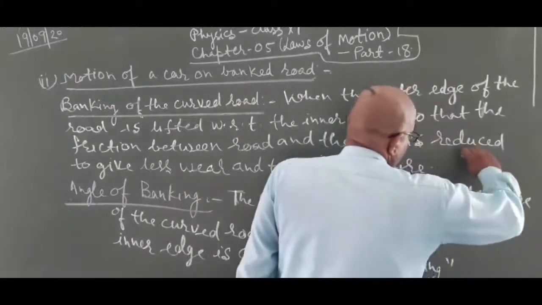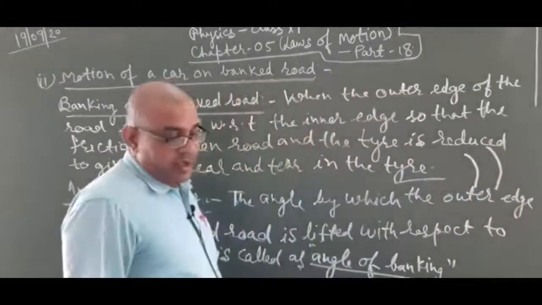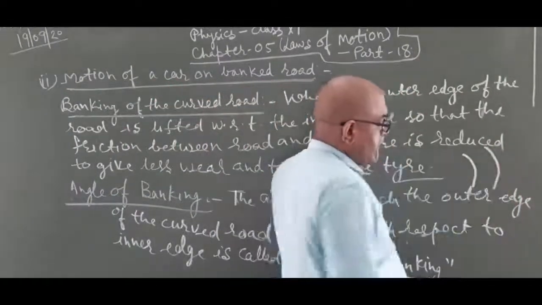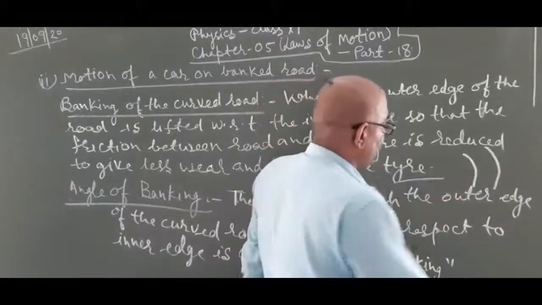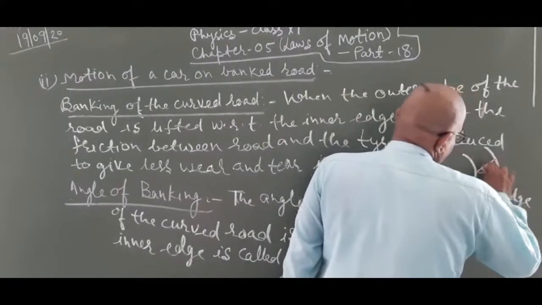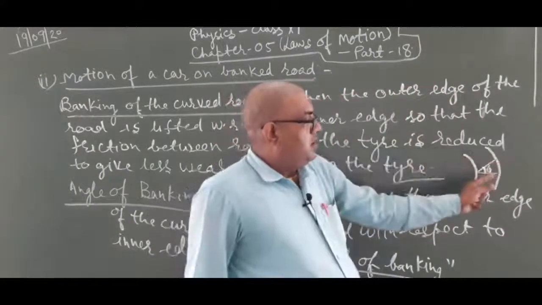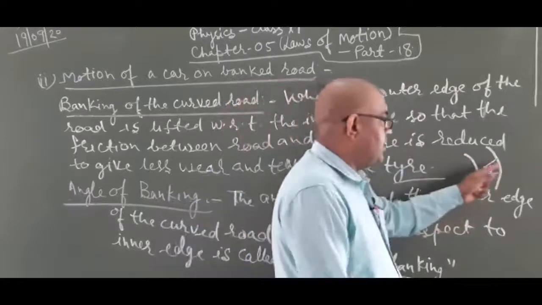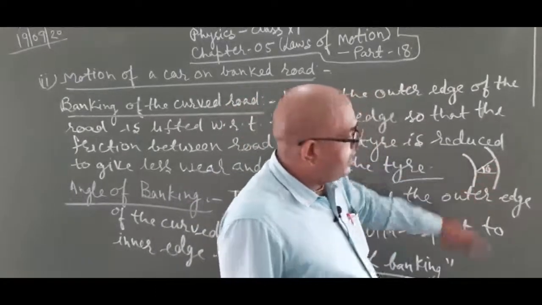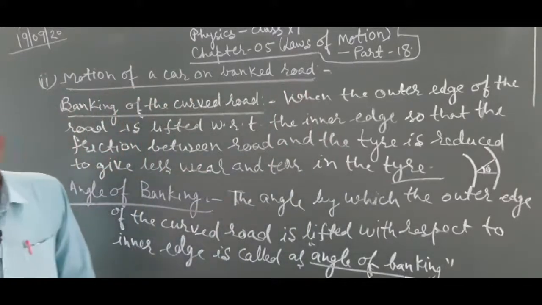Suppose the road is curved here, and this is the outer edge and this is the inner edge of the road. If the outer edge is lifted in this way, then this angle is called the angle of banking of the road.